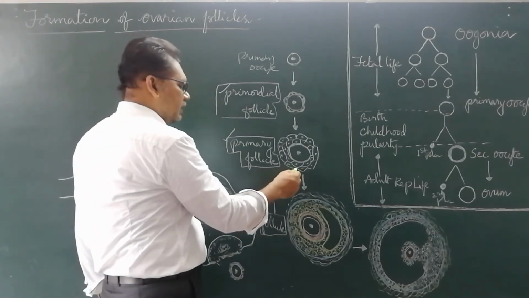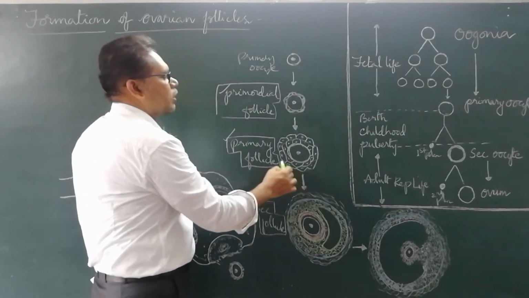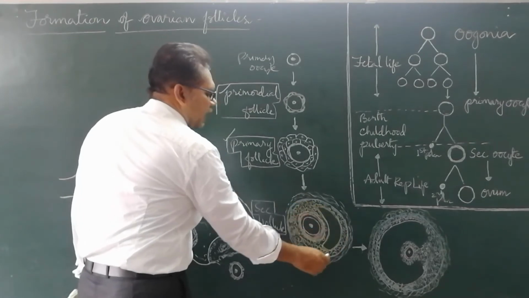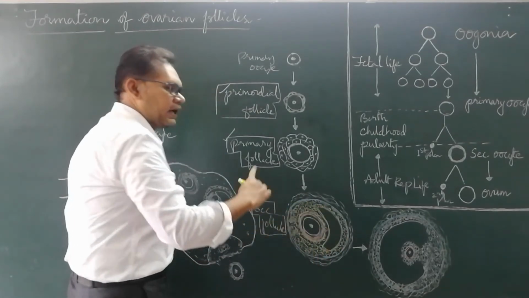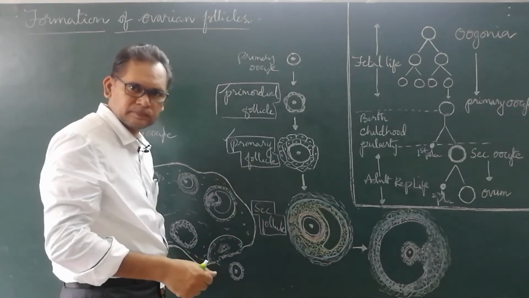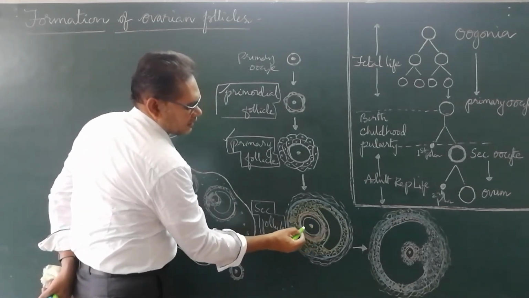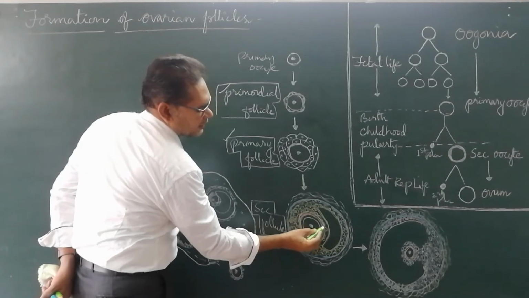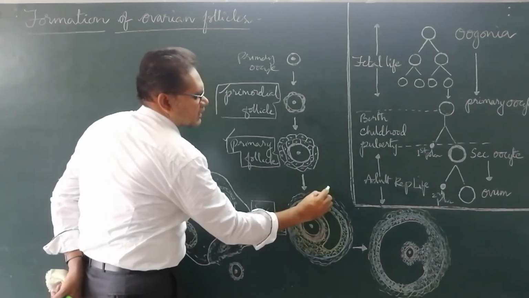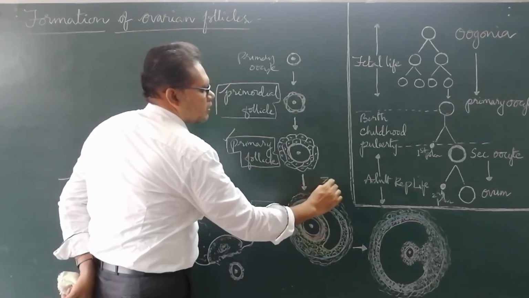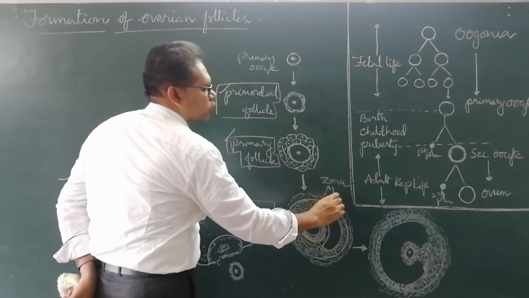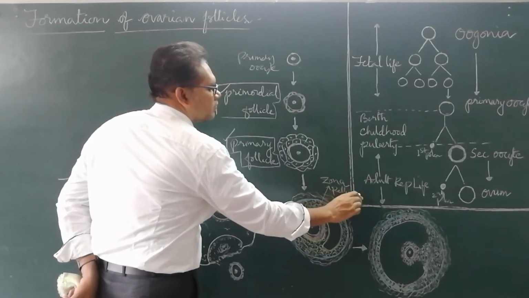Then in this primary follicle, the cells around divide and redivide, occupying the entire area around the primary oocyte. Also, the primary oocyte inside produces a layer towards the outside. This is called the zona pellucida.